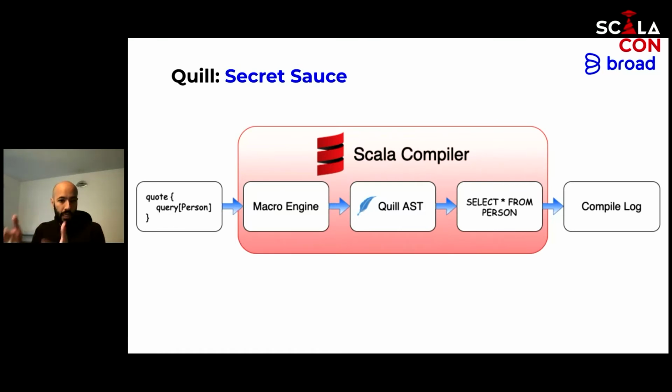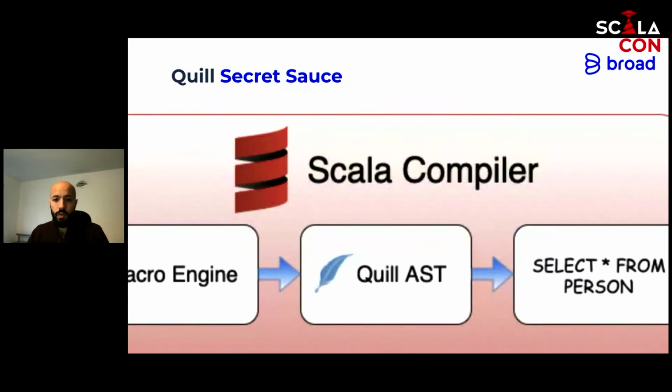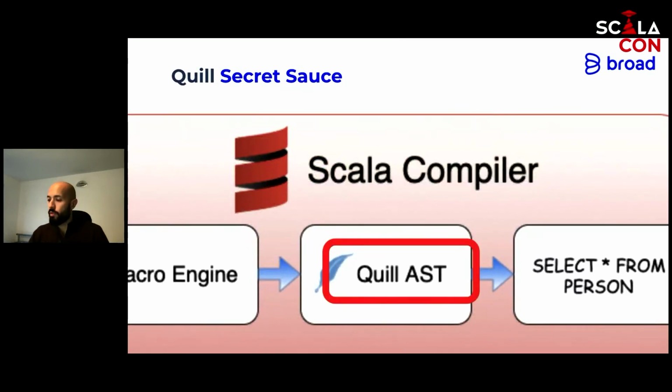We have the Quill AST, and then we generate that SQL. This talk is mostly focused on how the AST of Quill works, and going back to the idea of how you can extract a concept and apply it to somebody else, I'll try to do that at the end of this talk.